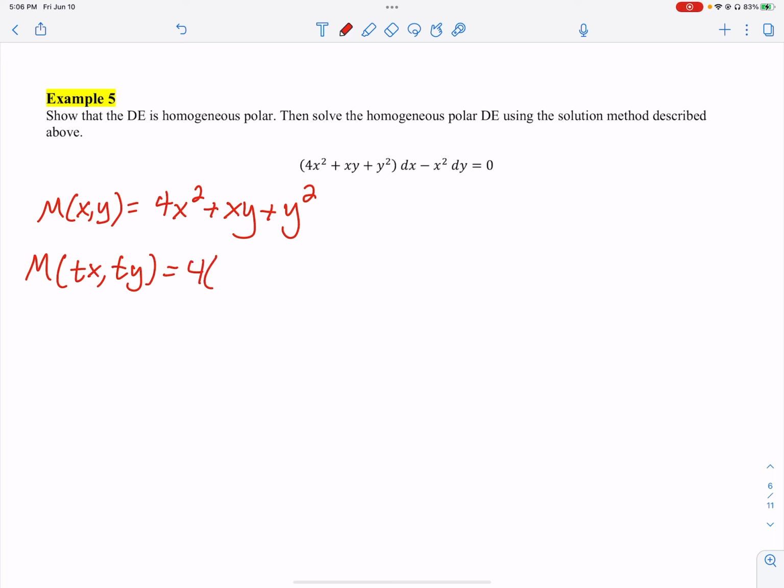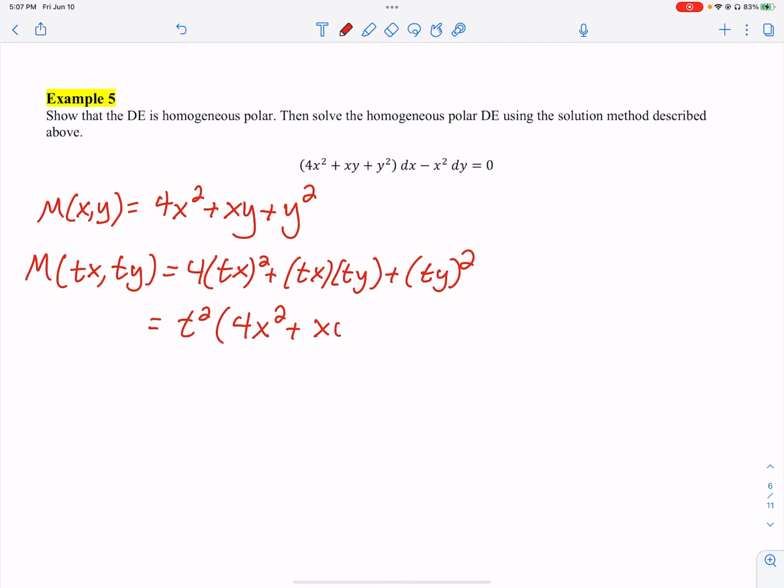So I get 4(tx) squared plus tx times ty plus (ty) squared. We get t squared in each term, so we get 4x squared plus xy plus y squared. Well, that is t squared times our function.